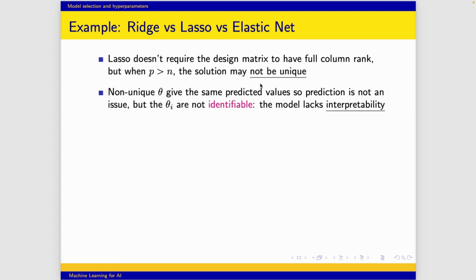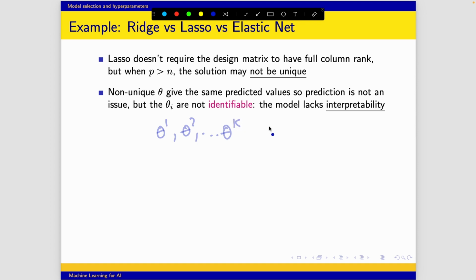Well, in and of itself, having a non-unique theta is not really an issue. Let's say we have different thetas. I don't want to confuse these thetas with the components of theta. Let's say we have theta 1, theta 2, up to theta k, right?